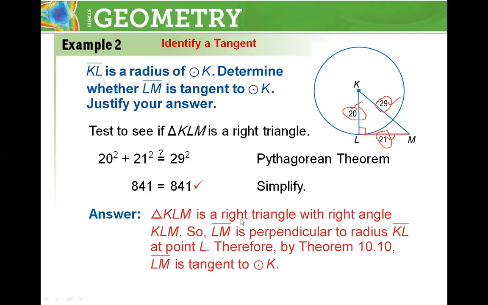So this is a right triangle, so LM is perpendicular to the radius. Therefore LM is a tangent. Please write this important example with me.